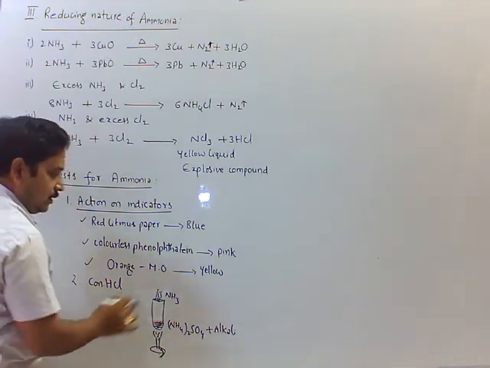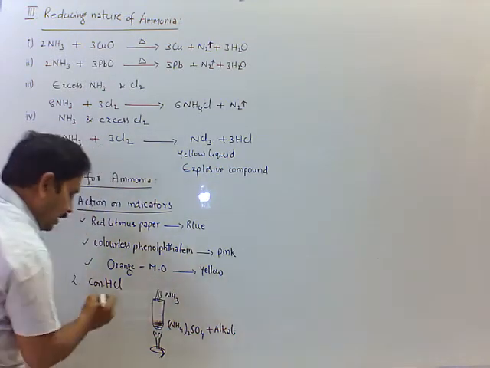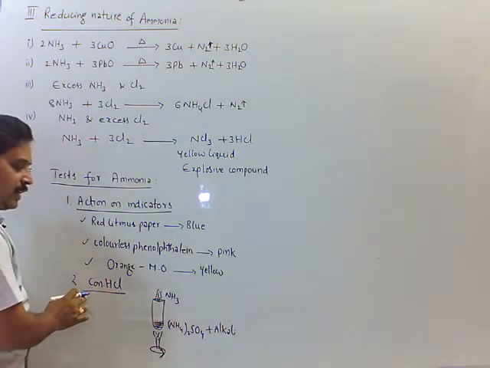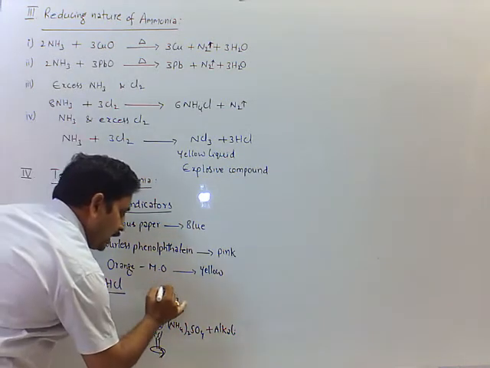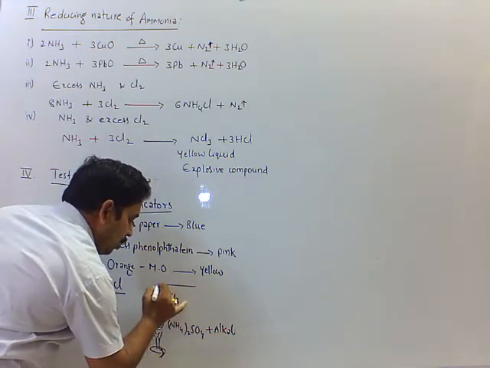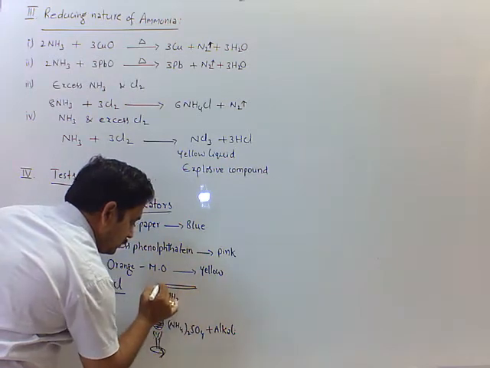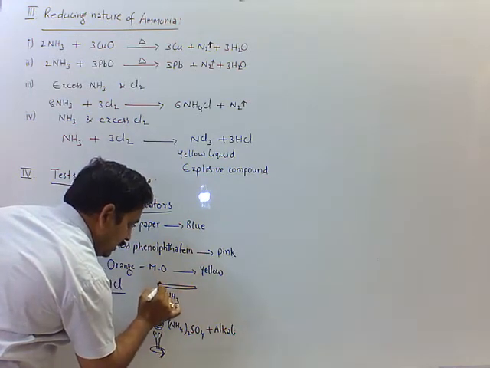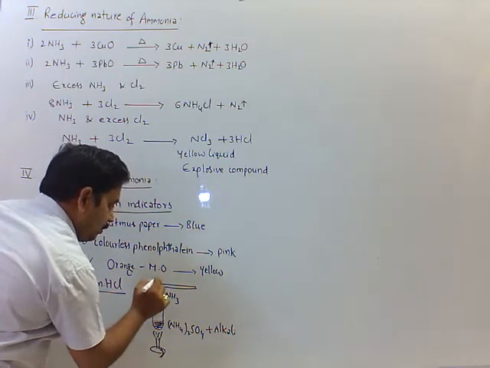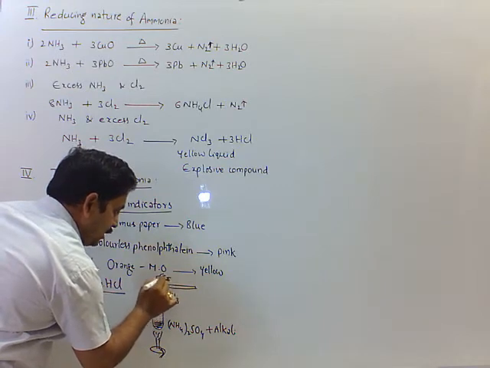To this ammonia gas, when a glass rod dipped in concentrated HCl is kept nearer the ammonia gas, we get white dense fumes.